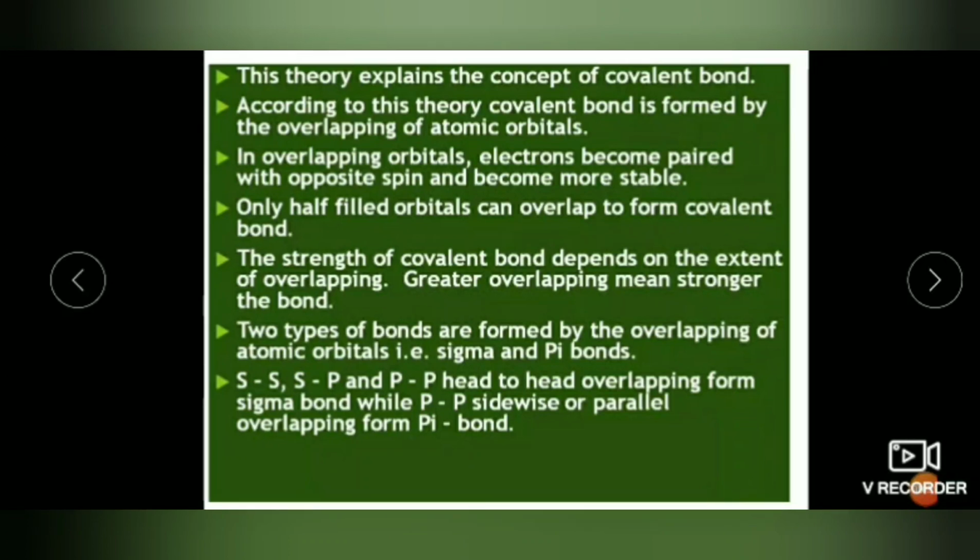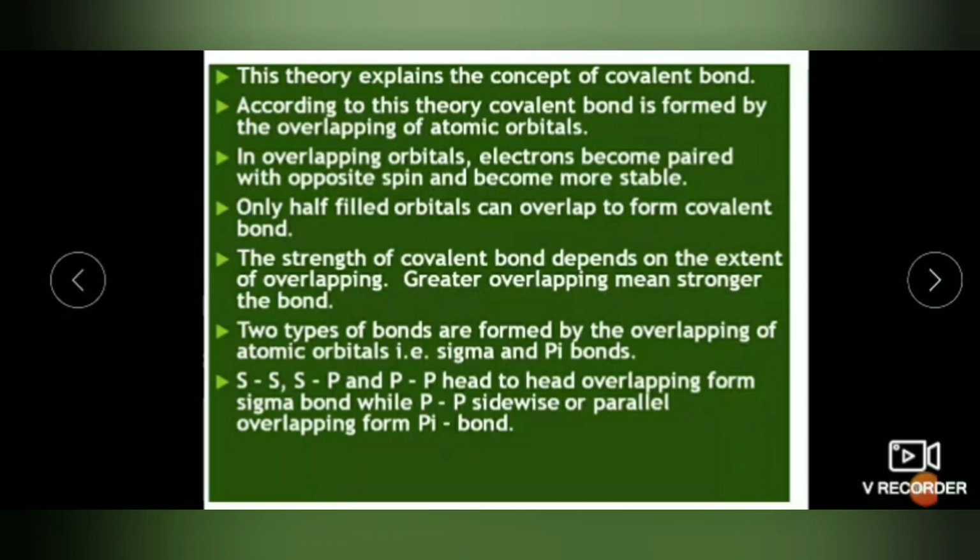While if it is paired with some other atom with opposite spin, it becomes more stable. How does it become more stable? We should know. Next, move on to the next slide. I will explain how it becomes more stable.